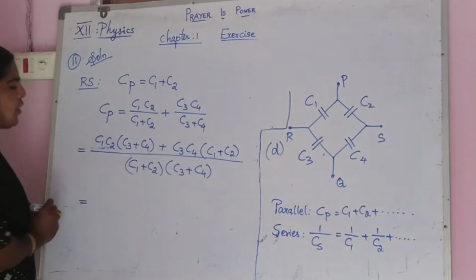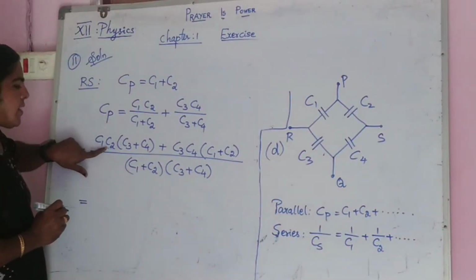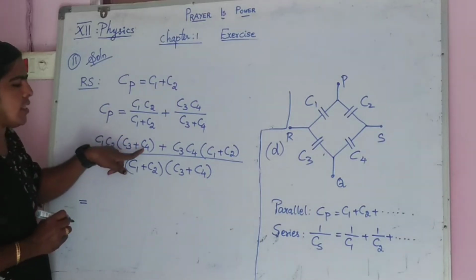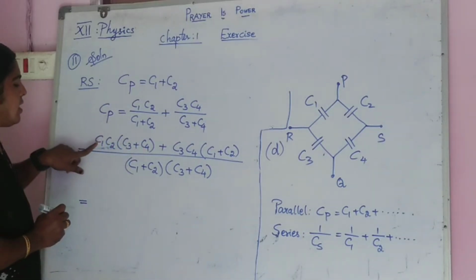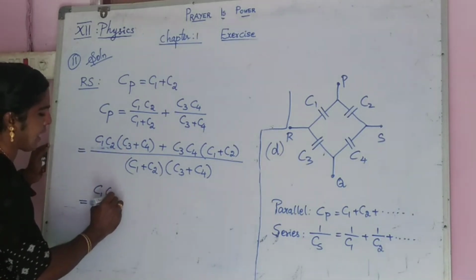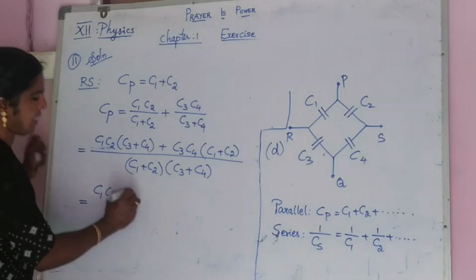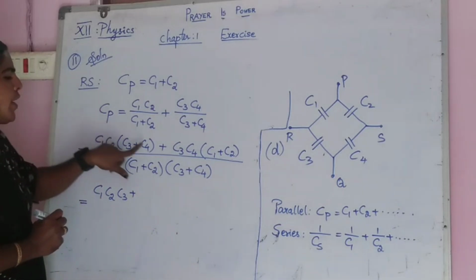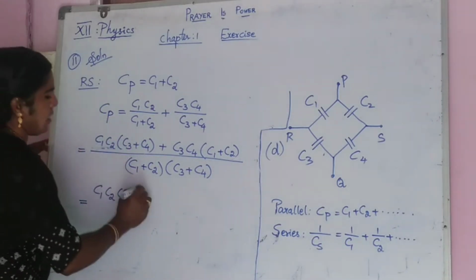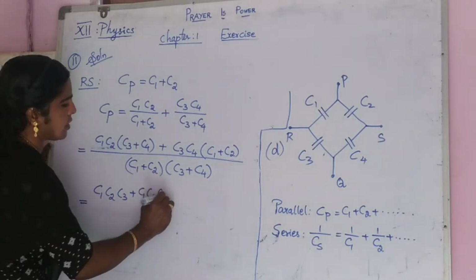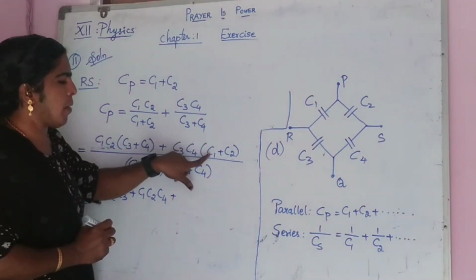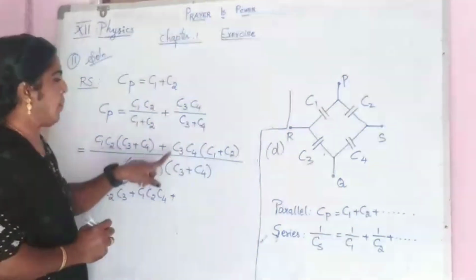That is equal to multiply C1 C2 with C3. Next C1 C2 with C4. Multiplication: C1 C2 C3 plus C1 C2 C4, plus the same, C3 C4 multiplied with C1 and C2.